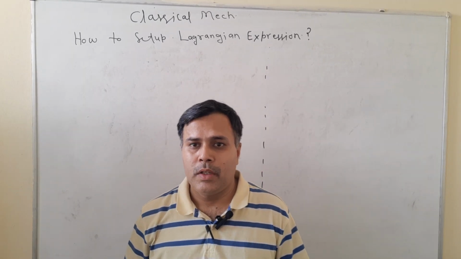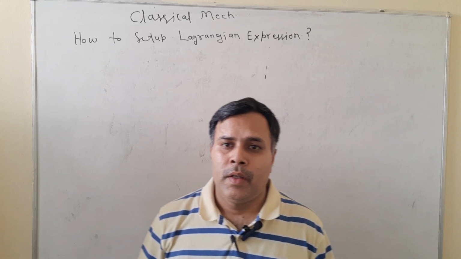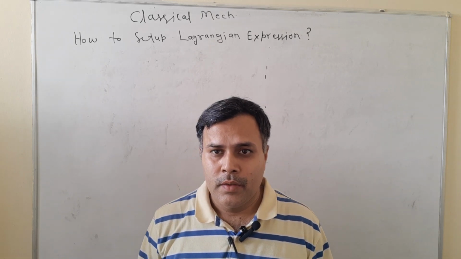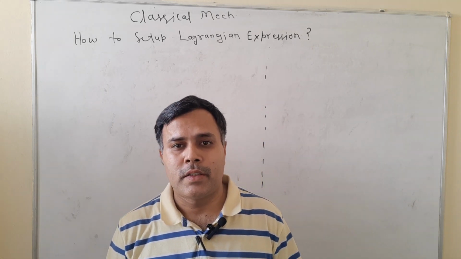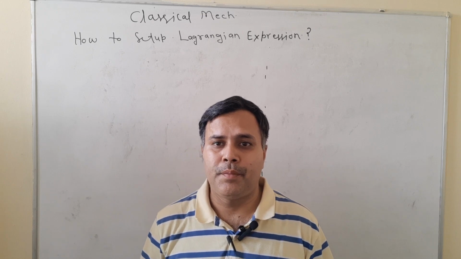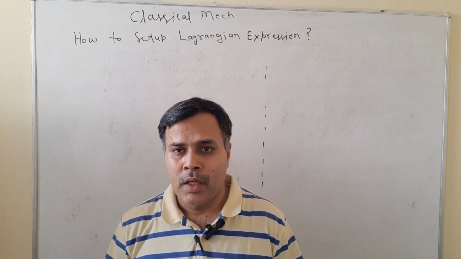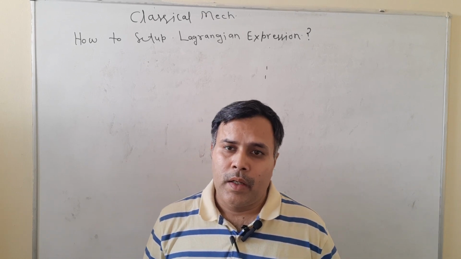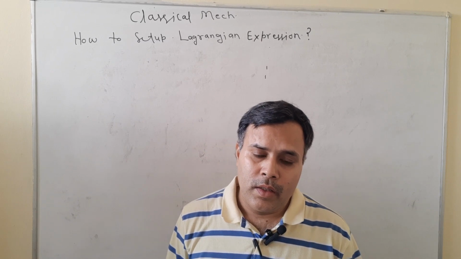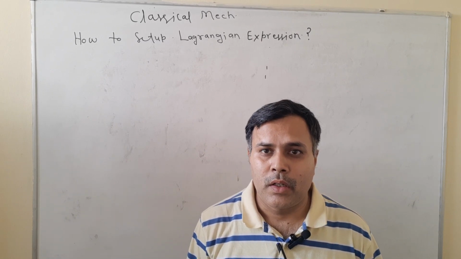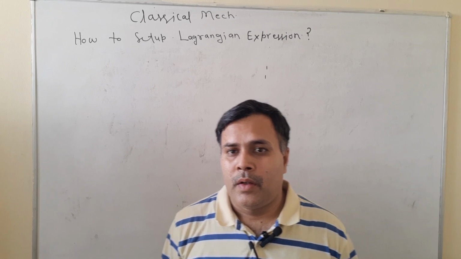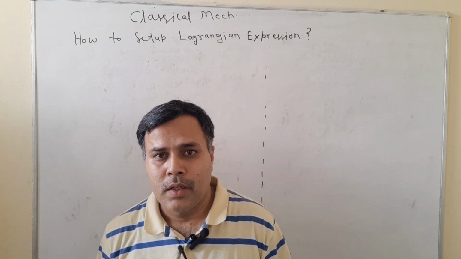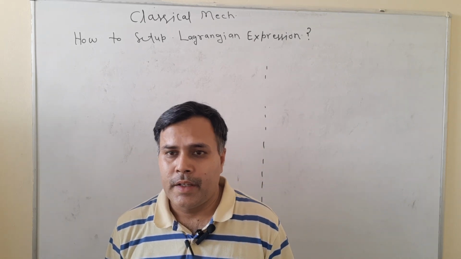In the previous lecture we have already discussed the concept of Lagrangian and corresponding generalized momenta, cyclic coordinates, degree of freedom, and equation of constraints. So in this lecture, what is our objective? Our objective is to simply construct a Lagrangian.